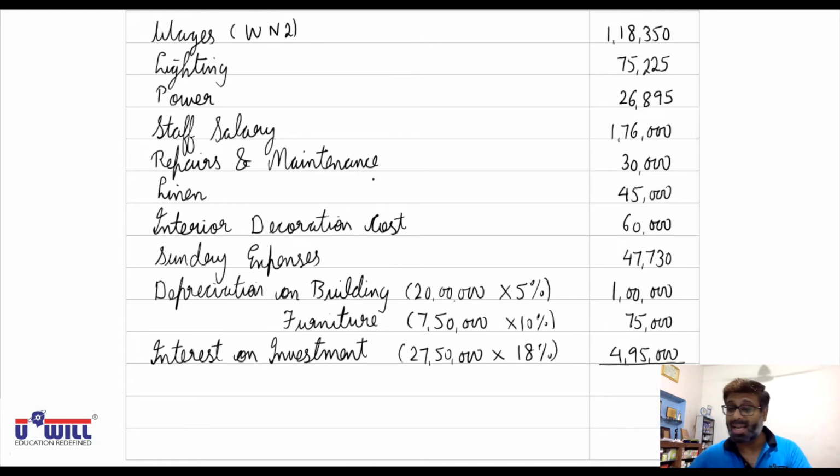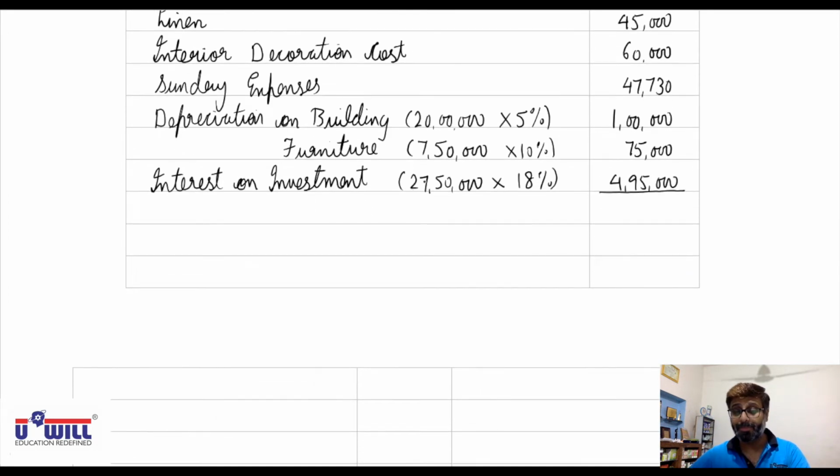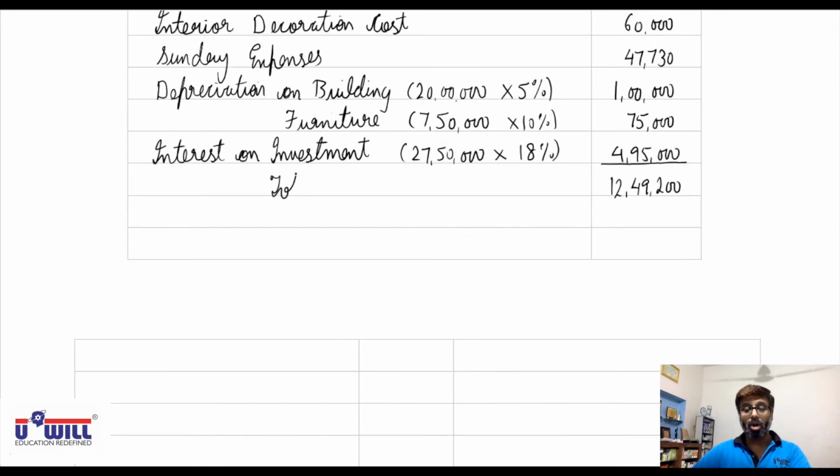That comes to 12,49,200. This is the total cost. Here we don't have any expenses like variable rent or overheads. So only one working is to be done, that is for profit.